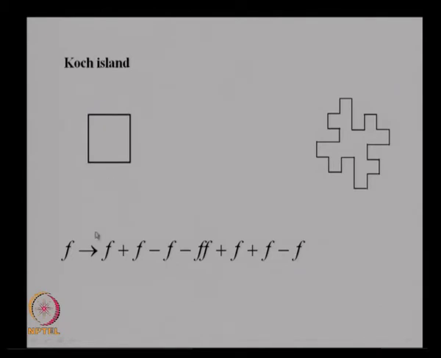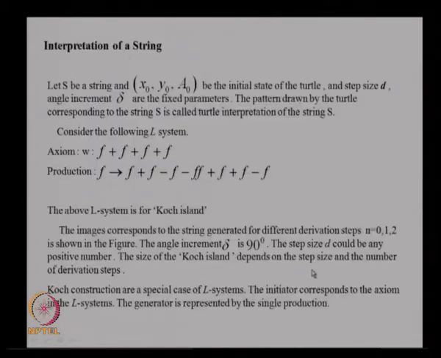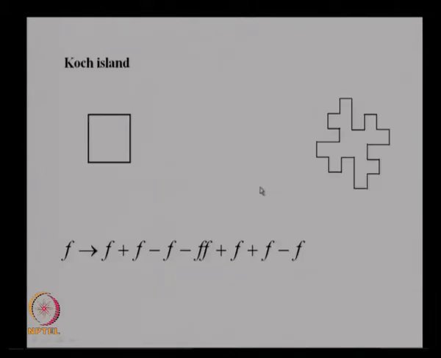Now, you use a rule like this. In the axiom each F will be replaced by this string. Then let us see what we get. The first F, when you replace it, start from here, F plus F minus F minus F F plus F plus F minus F. From this to this, replacing one F you will get this, then again turning anti-clockwise through 90 degrees using a plus.